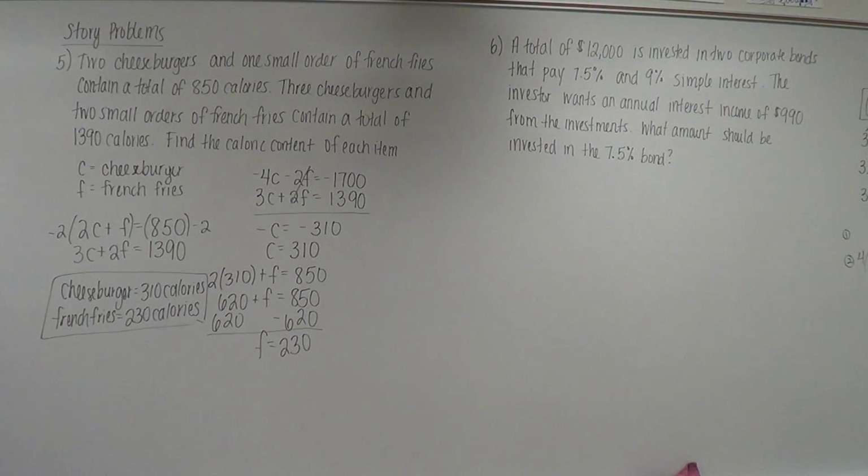The investor wants an annual interest income of $990 from the investments. What amount should be invested in the 7.5% bond?